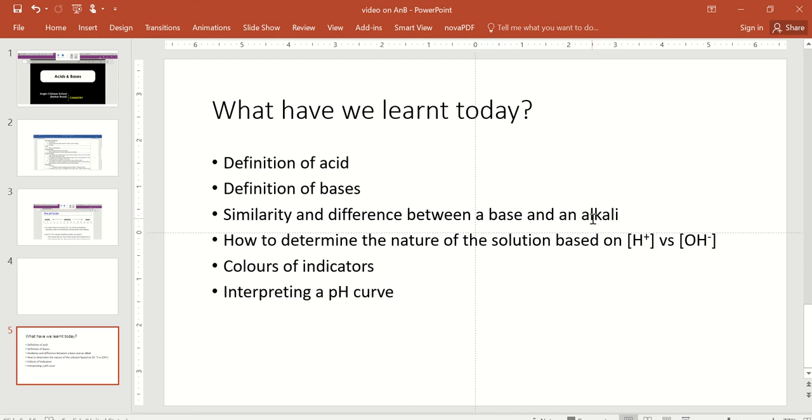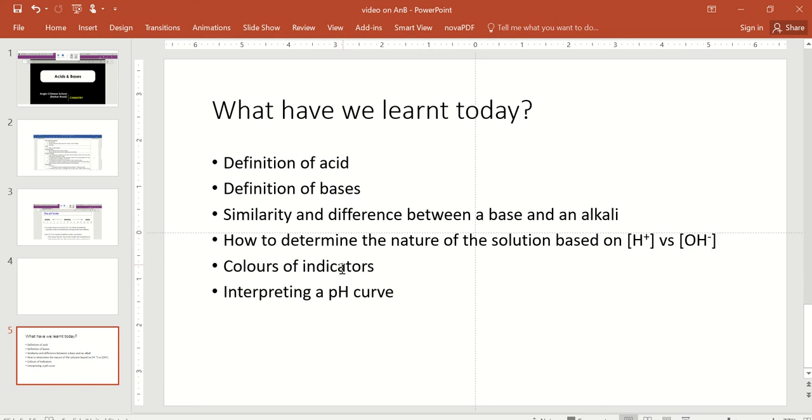So we can also call an alkali a base. We have also learned how to determine the nature of the solution based on the concentration of hydrogen ions versus concentration of hydroxide ions. So if I have more hydrogen ions, it's acidic. If I've got equal concentrations of both, it's neutral. If I've got higher concentration of hydroxide ions, it is alkaline.